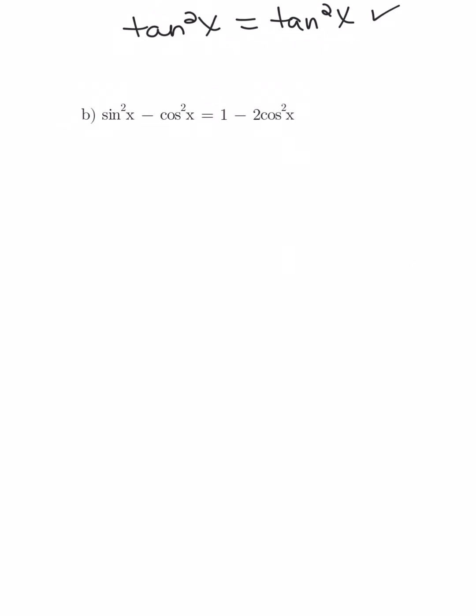So what I'm going to do then is work on the left side and try to get rid of the sine squared and make it into a cosine squared somehow. We know from the Pythagorean identities that sine squared equals 1 minus cosine squared.